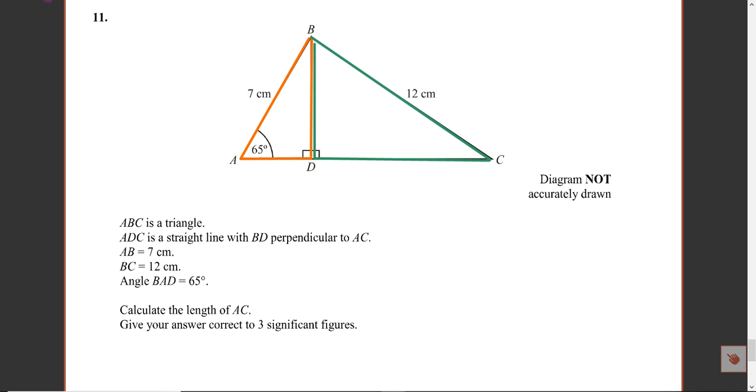Which length are we being asked to find? A to C. So if I think about it, A to C is made up of A to D, so I'm going to call that X, and D to C, which I'm going to call Y. Sometimes they call it X1 and X2, but what do I have to do at the end? I have to add them together.